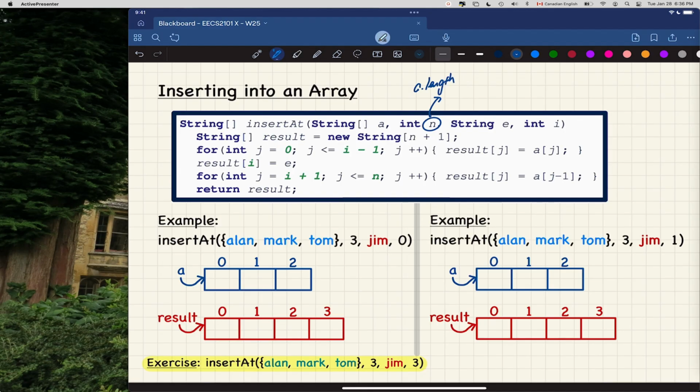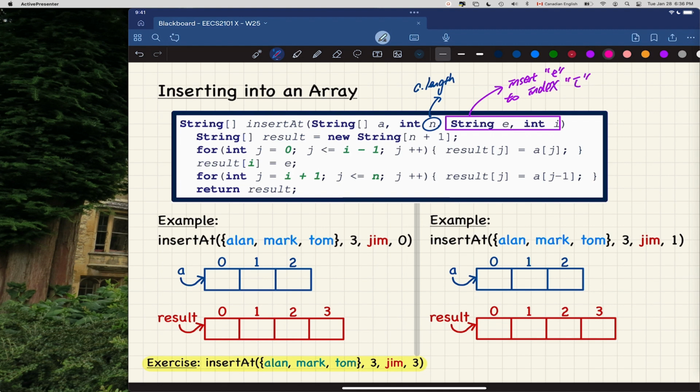And then we have E and I over here. E and I simply say, I want to insert into index I the element E. Okay, I'm going to show you an example.